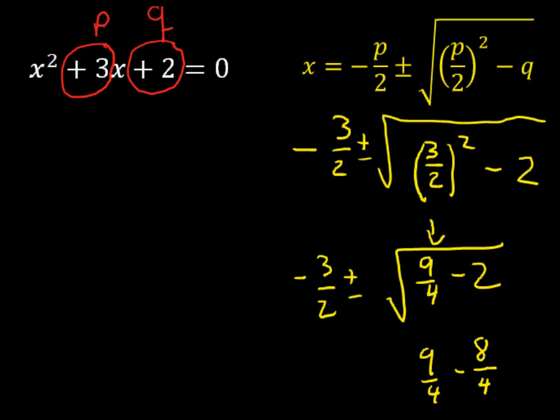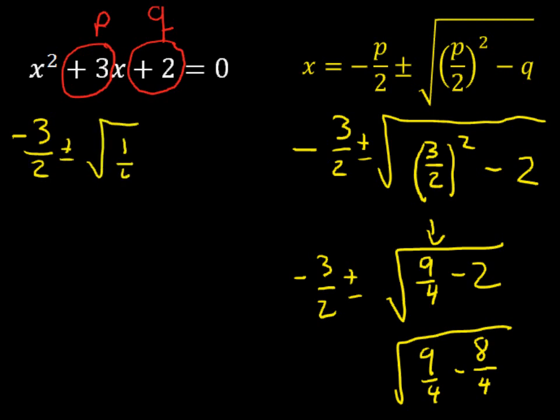That'll leave us 1/4. And of course, we'll have the square root of that. Now, unfortunately, I have to go up here out to the left to continue. So first, negative 3/2 plus minus the square root of what got cleaned up to 1/4. Now, that is going to be 1/2 when we're done. Square root of a half.